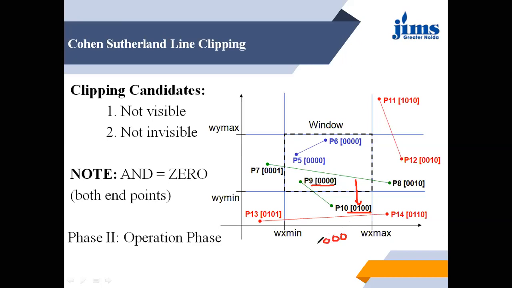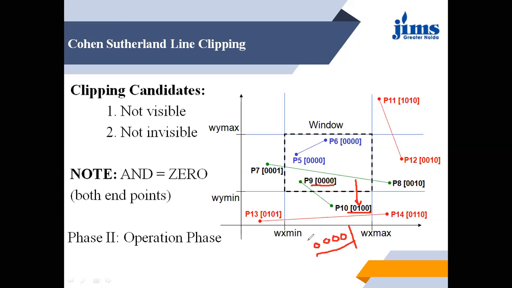So by performing an AND operation between these two, we are getting 0. In a clipping candidate, when we perform an AND operation between the region codes and we get 0, that is a clipping candidate.